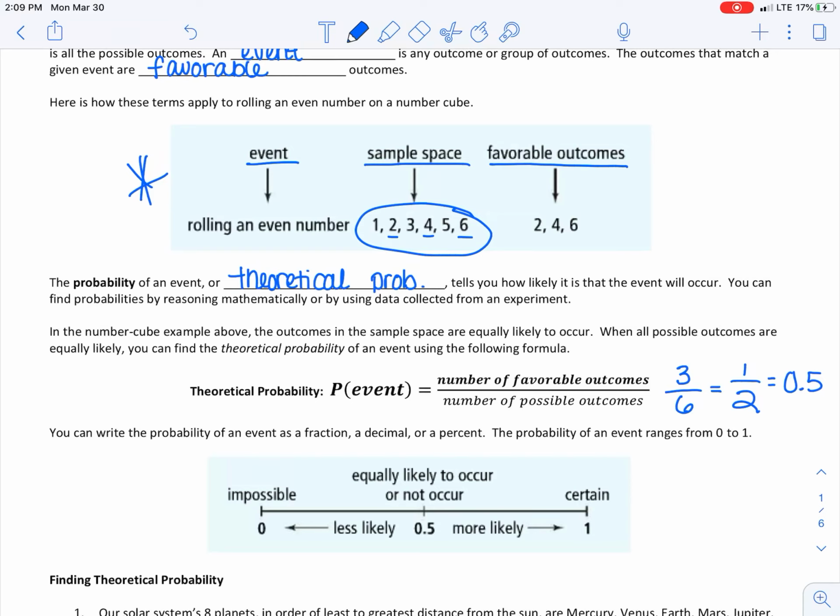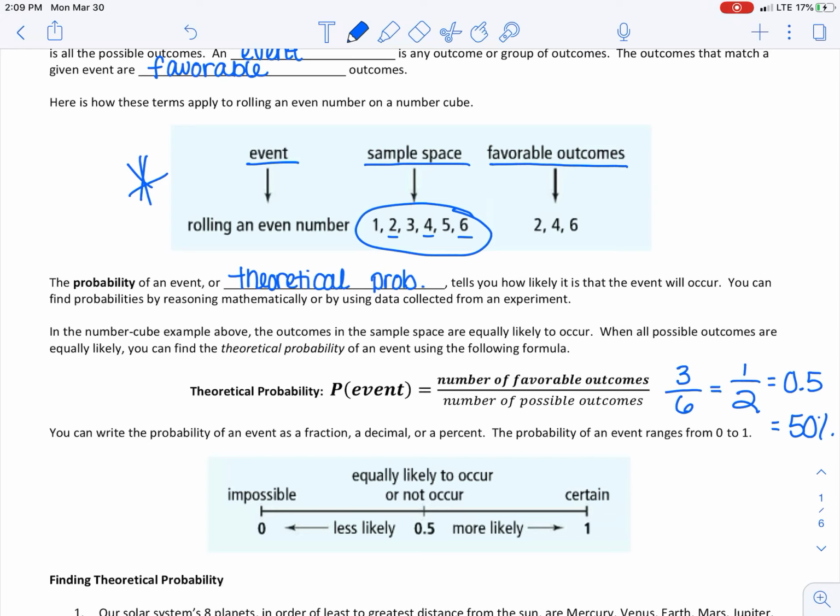So the way we do this is you take 1 divided by 2 and get 0.5, but then if you multiply that by 100, because it's out of 100%, that's going to give you 50. So that's the percent likelihood that you have one of those favorable outcomes of 2, 4, or 6.